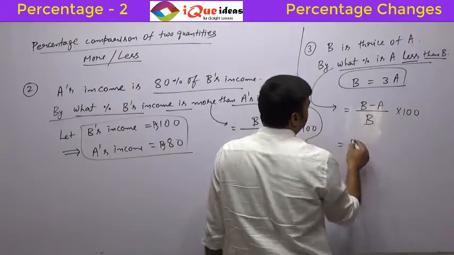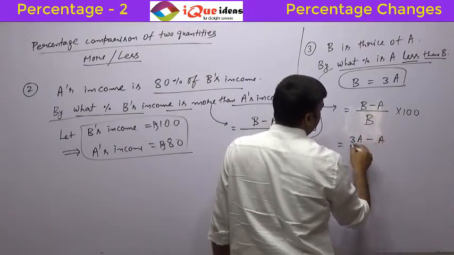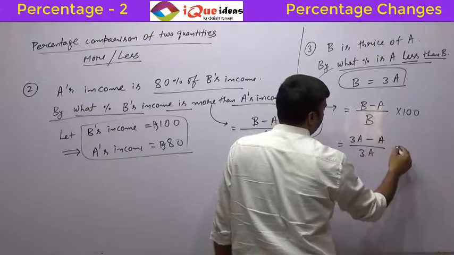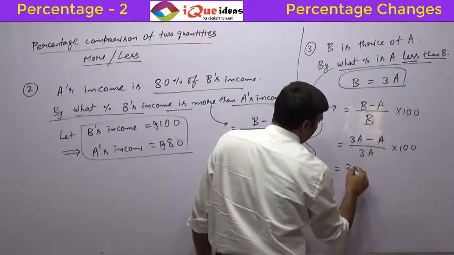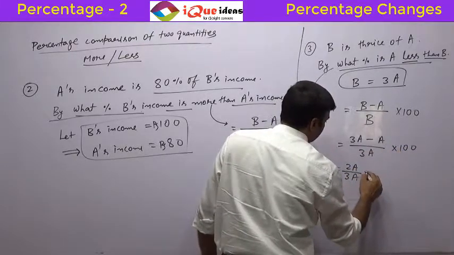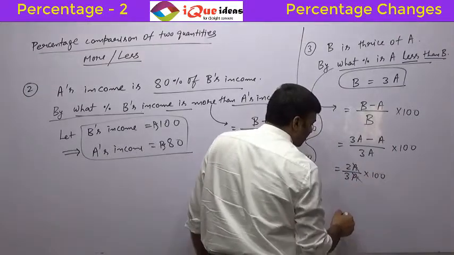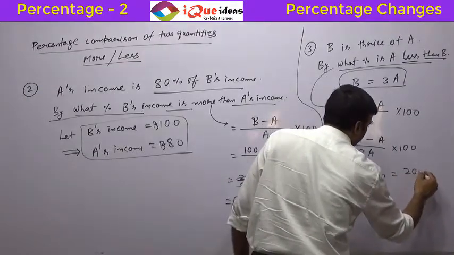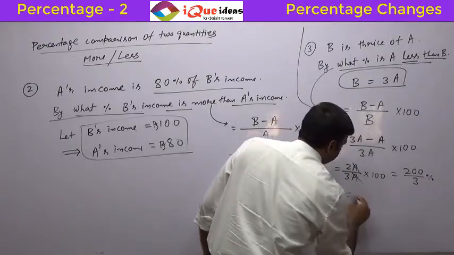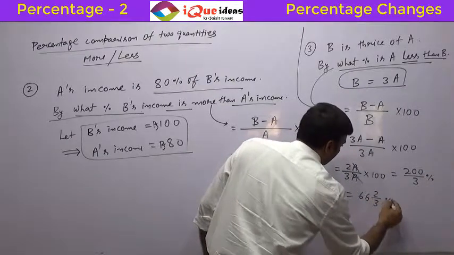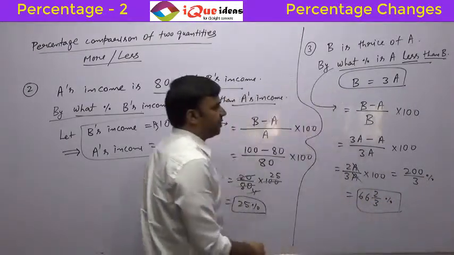In place of B, put 3A: 3A minus A, divided by, in place of B, put 3A, into 100. So we have 2A upon 3A into 100. So A and A are cancelled. 2 by 3 into 100 is 200 by 3 percentage. So it is 66 2 by 3% or 66.66 percentage.